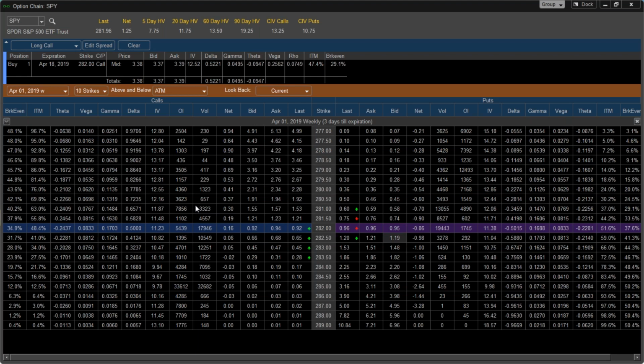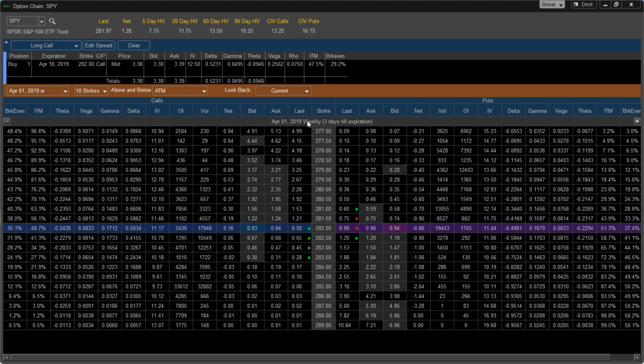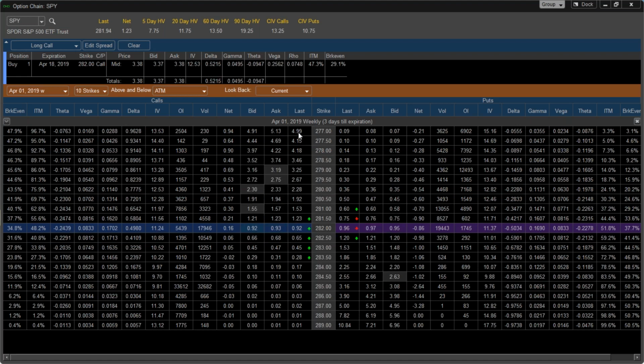So let's take a look at that scenario and see how we can protect our portfolio and not lose money if we're wrong. So if I thought the S&P 500 SPY ETF was going to drop, let's say $5 between now and the close of Monday, I might write this 277 strike call option. So I'm basically agreeing off the bat to sell my shares for a $5 loss.